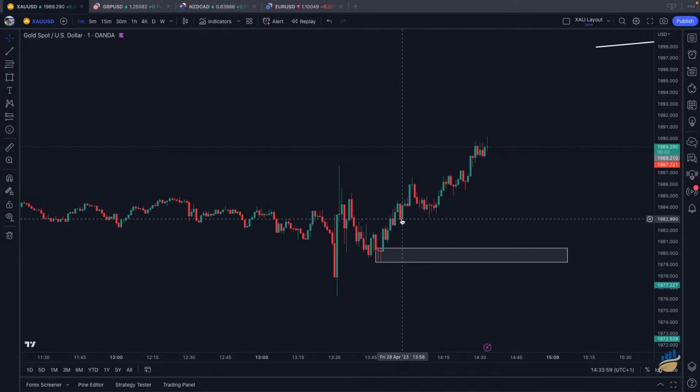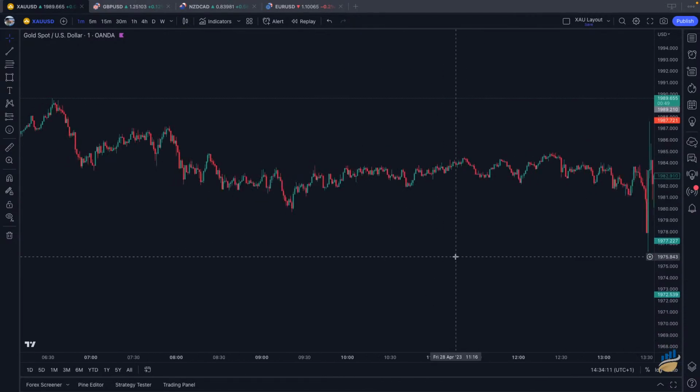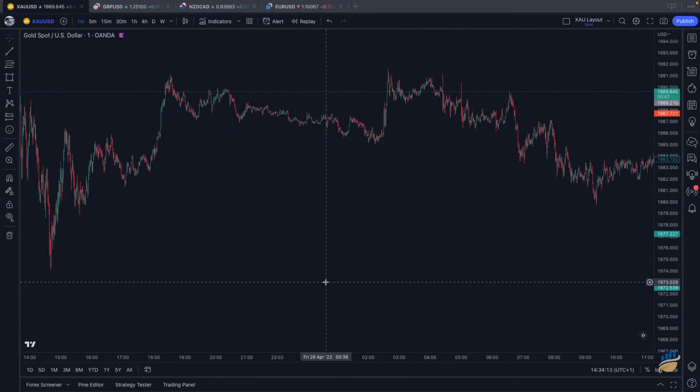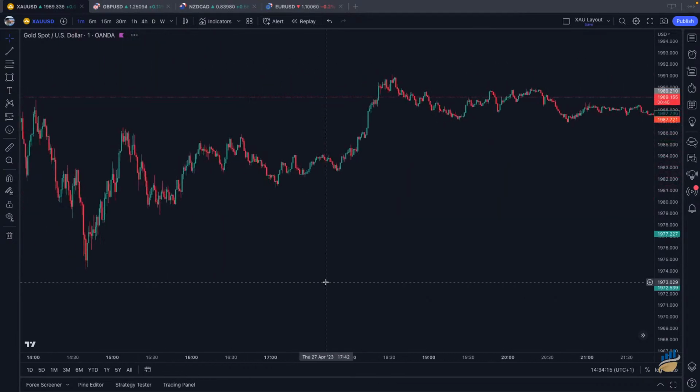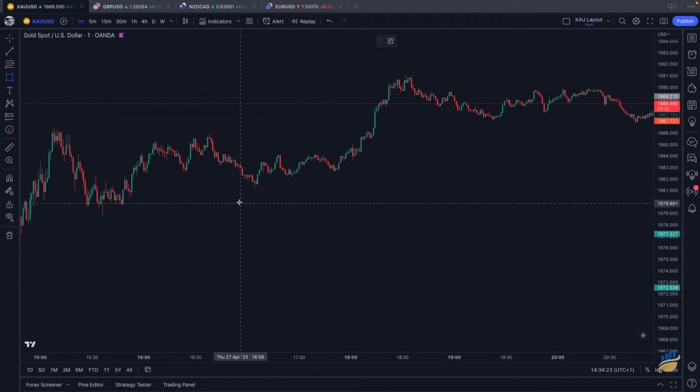Everything else that has cleared that. That has cleared that. That has cleared this. Everything else looks to have been cleared. I'm just going to have a look at previous data. This would be considered an unmitigated area in price.